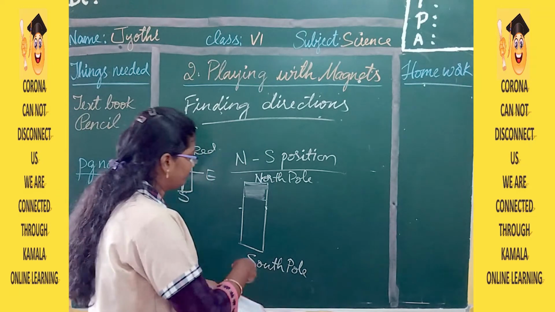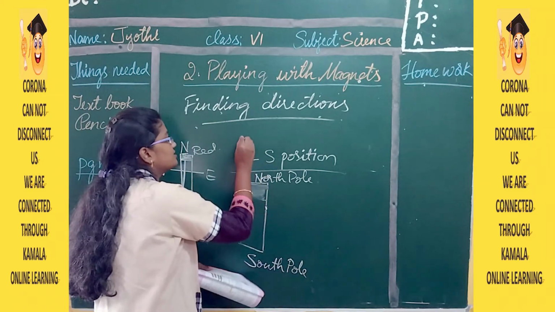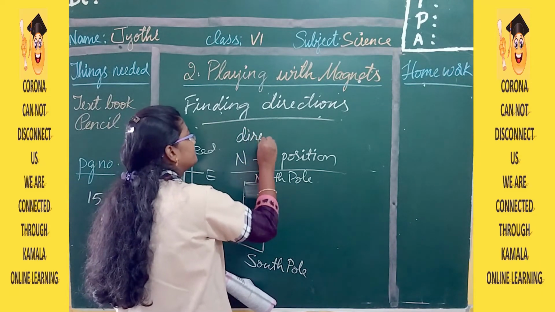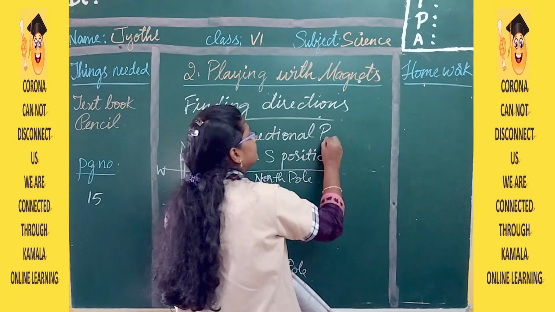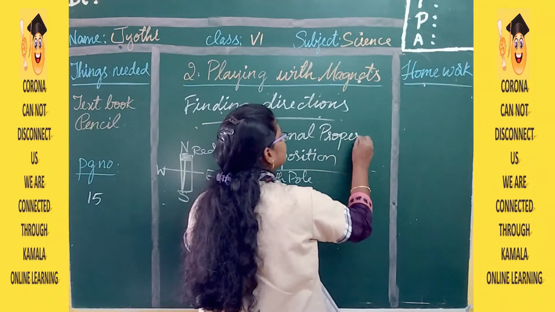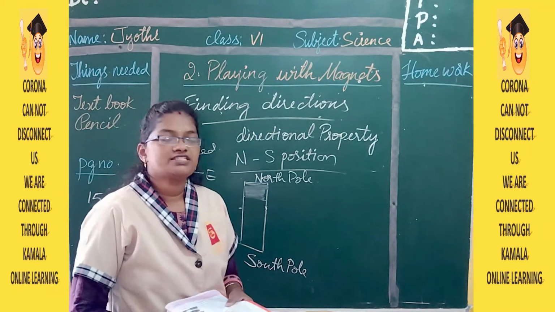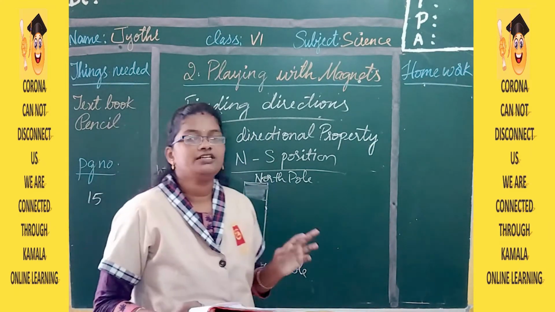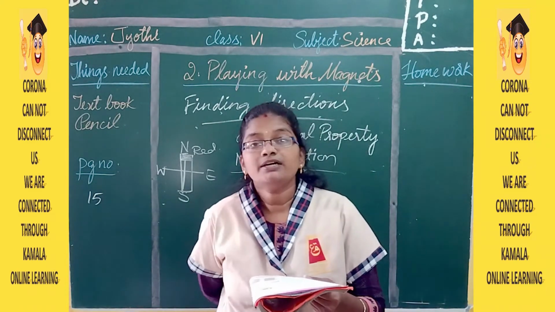The property of finding the directions, we call it the directional property. It is exhibited only by magnets.